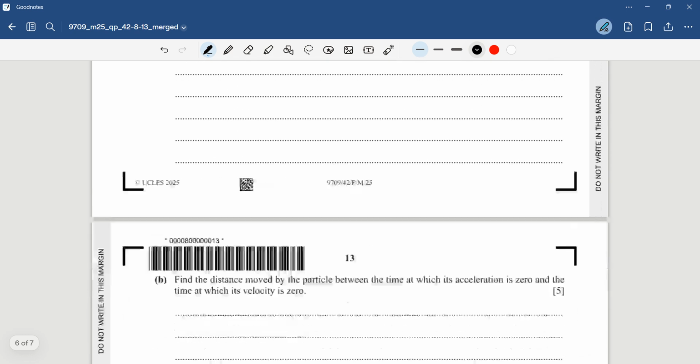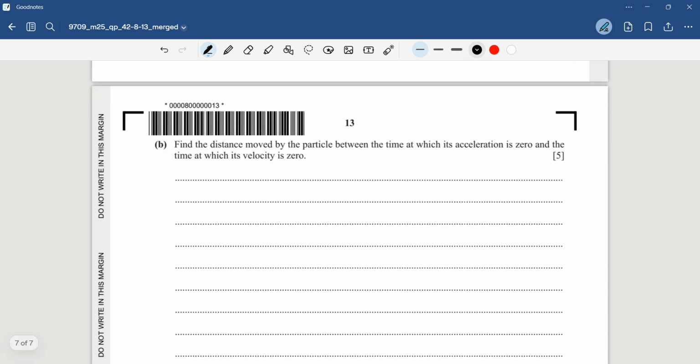Okay, and then part B. Find the distance moved by the particle between the time when acceleration is 0 and the time when velocity is 0. So we need to find the time when a equal to 0, and the time when v equal to 0, and then we will find the distance moved within these two times.